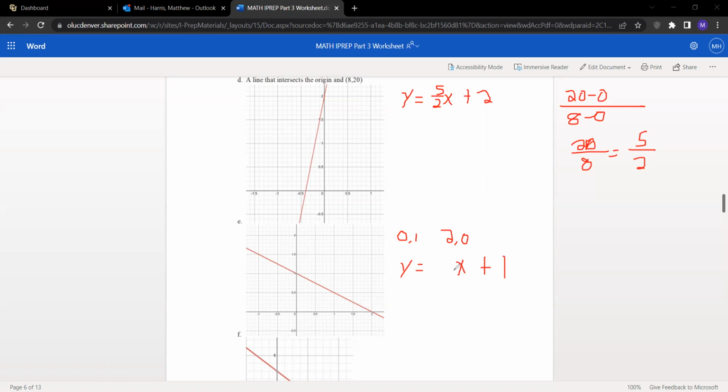We can see that from our graph. Then we just need to find our rise over run. So we have 0 minus 1 over 2 minus 0 equals negative 1 half. Negative 1 half x plus 1. So there's our equation for the line to the left. So good job. Now we'll go ahead and move on to the next section.